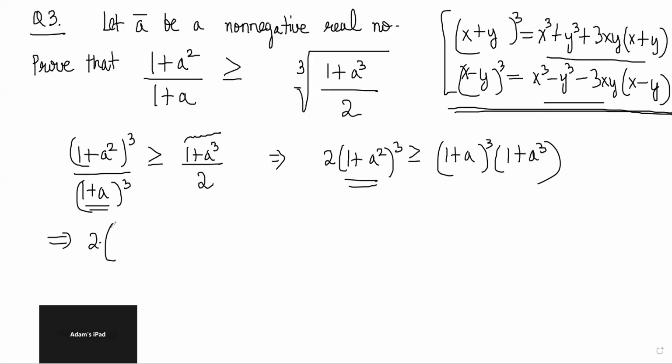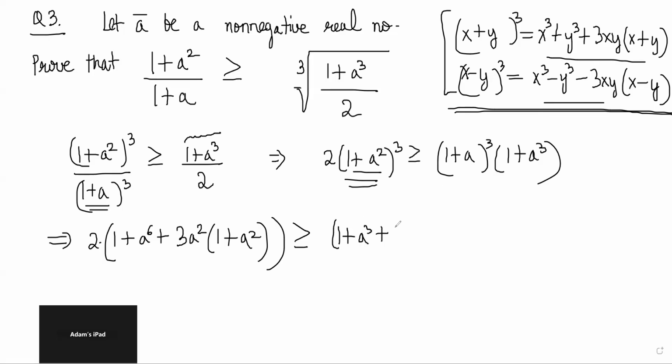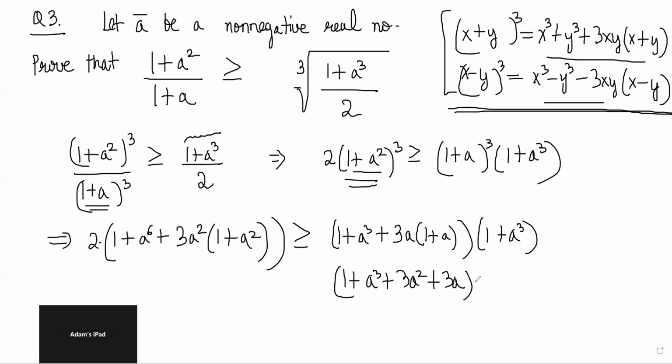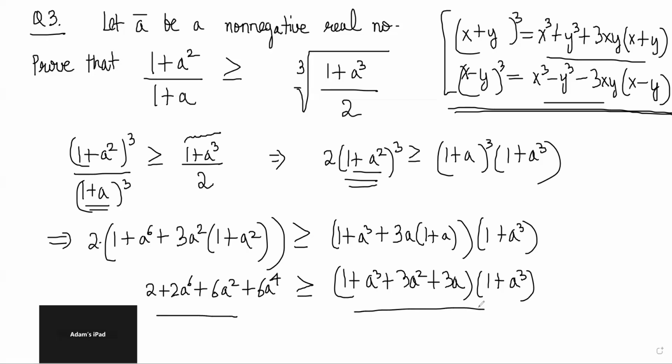So (1 + a^2)^3 will be 1 + a^6 + 3a^2(1 + a^2), greater than or equal to (1 + a)^3 = 1 + a^3 + 3a(1 + a), multiplied by (1 + a^3). So the left becomes 2 + 2a^6 + 6a^2 + 6a^4, right?